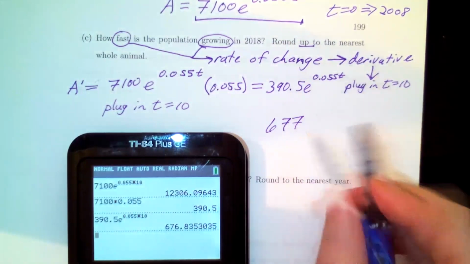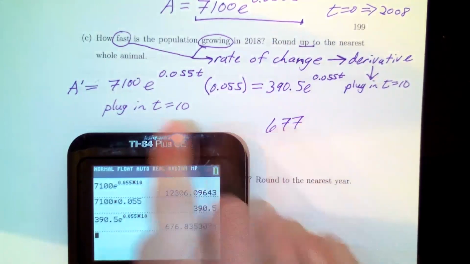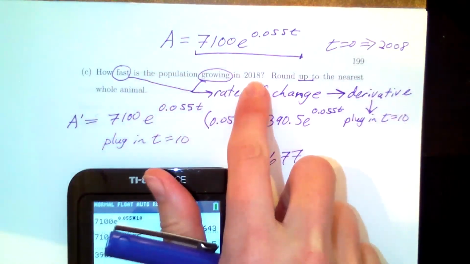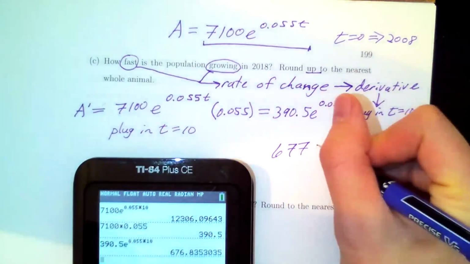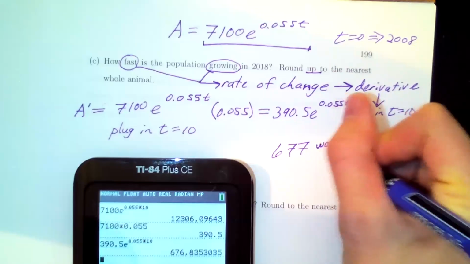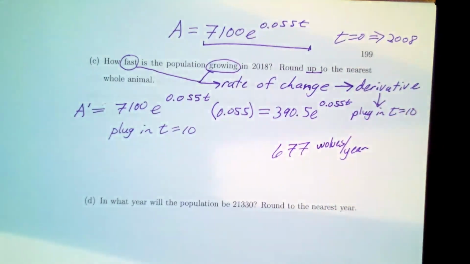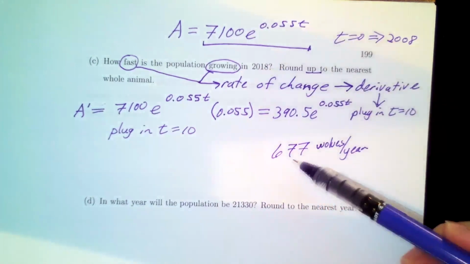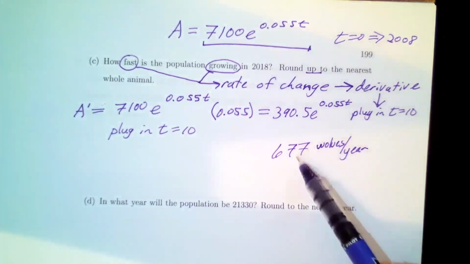Now, this is a rate. It's a rate of change. So this should have a rate of unit per unit time. So my model represents wolves, and the time they're talking about is years. So a rate of change would be 677 wolves per year. So the way we should interpret this is that in the year 2018, the rate of change was 677 wolves per year. So you can interpret that to mean that in 2018, 677 wolves were added to the population.